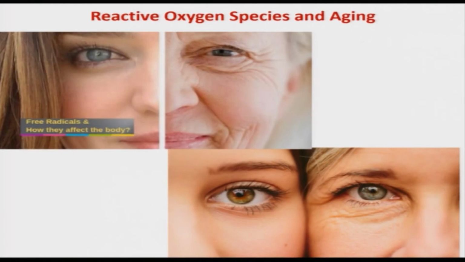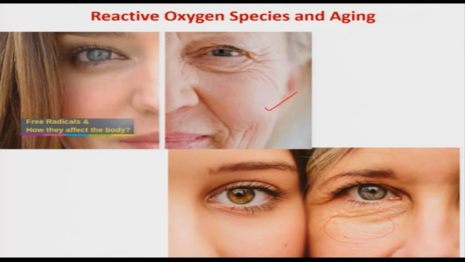You can see the effect of reactive oxygen species and aging in these two pictures, and you can see that this is a clear effect of free radicals and the aging problem.